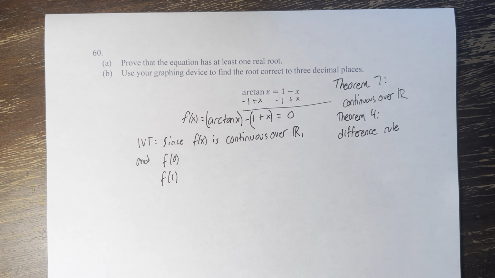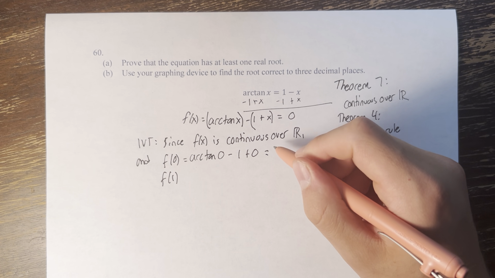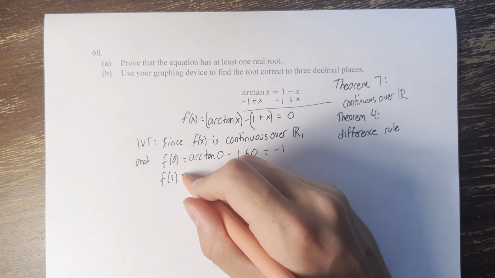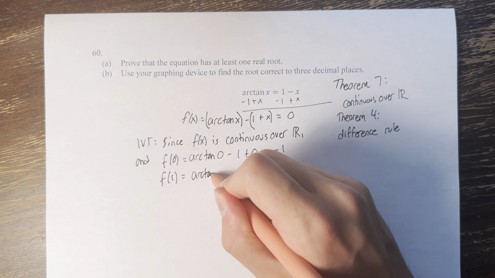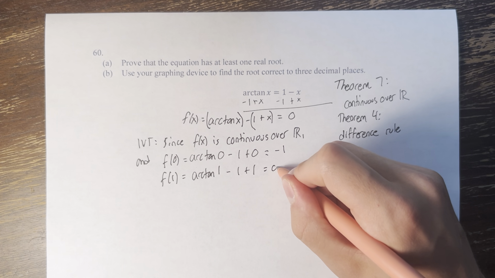If these particular points didn't work, you try other points. f of 0 equals arctan of 0 minus 1 plus 0, plugging in 0 for x. This is going to give you -1, and f of 1 is arctan of 1 minus 1 plus 1, which is roughly 0.79.